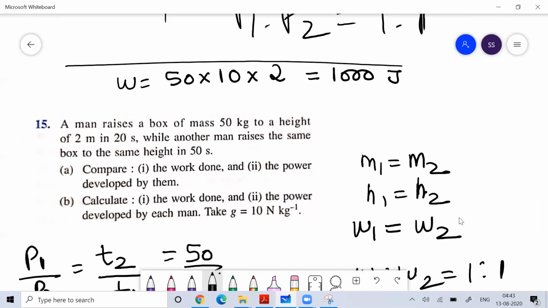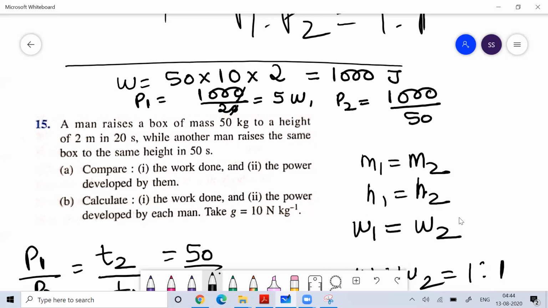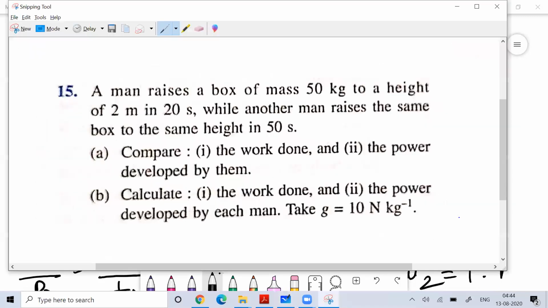Now the power developed by each man. Both are doing the same work. The power of the first man is 1000 divided by 20, that is 50 watt, and the power of the second man is 1000 divided by 50, that is 20 watt.